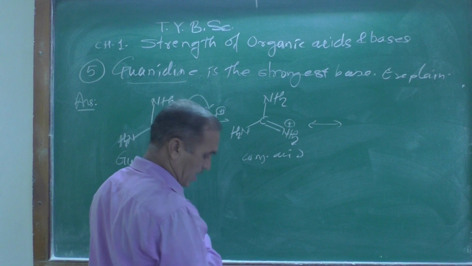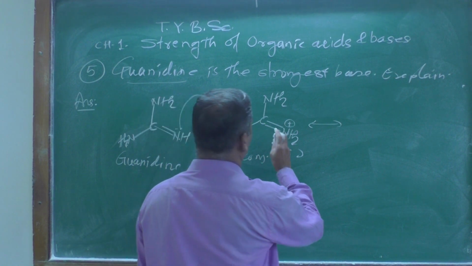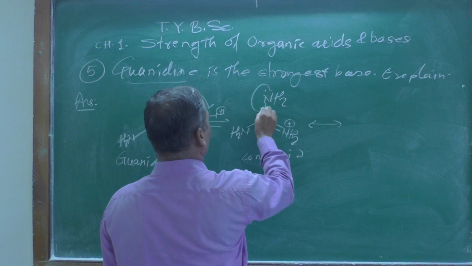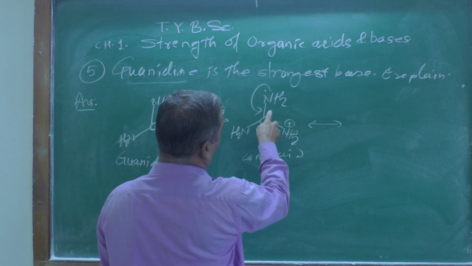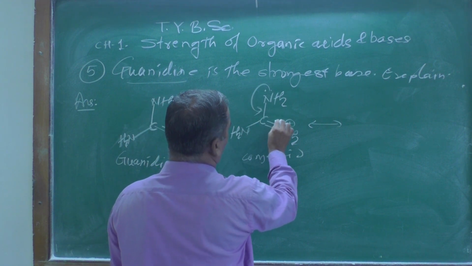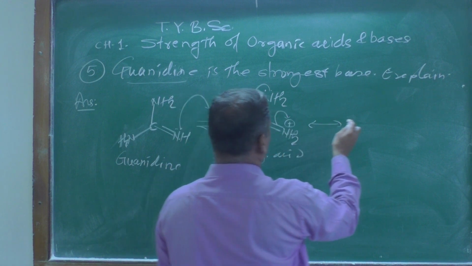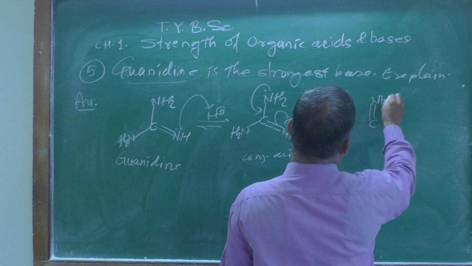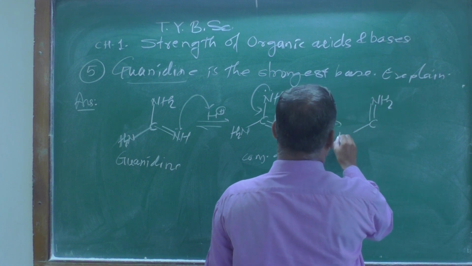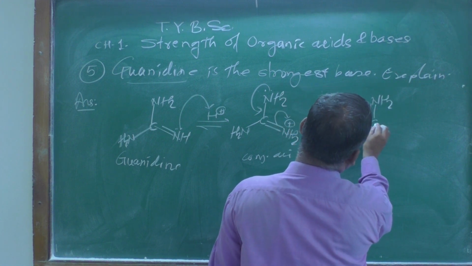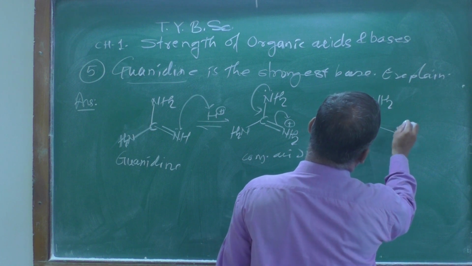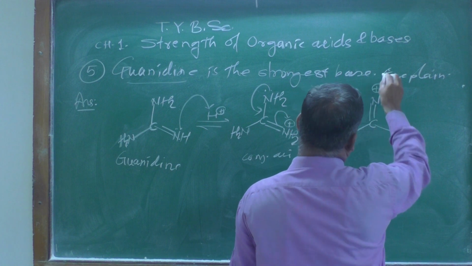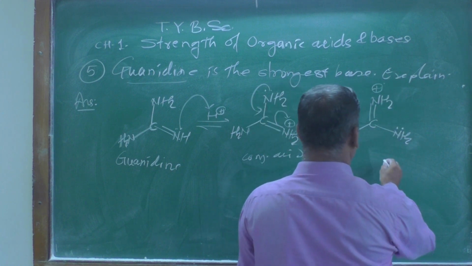This is a conjugate acid, and as we know, in this conjugate acid the lone pair forms a double bond here, and this double bond neutralizes this positive charge, and we are going to get here NH2, then H2N, here NH2 lone pair as it is. Now here the positive charge comes on this nitrogen atom.